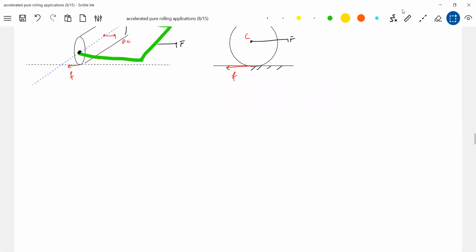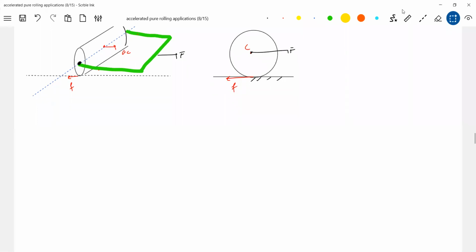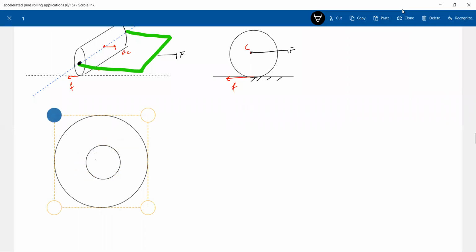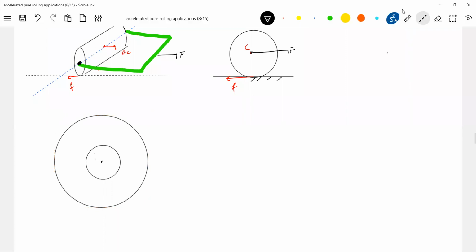This will be more troublesome for you, the diagram.